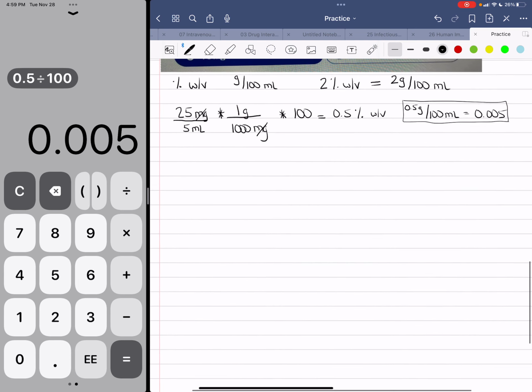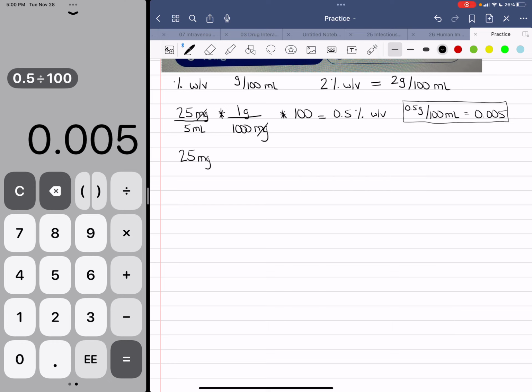So with this problem, we can just do some algebra here. So we started off with 25 milligrams. And we're going to add some drug, but we don't know how much. So we're going to call it X. And we're going to add that to the 5 mL we already had.